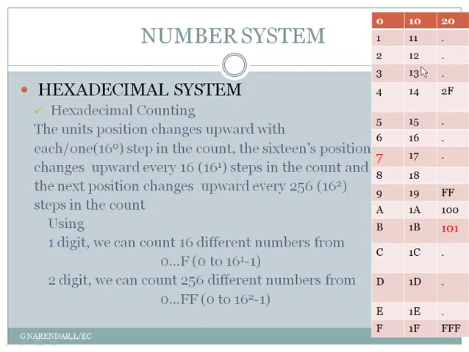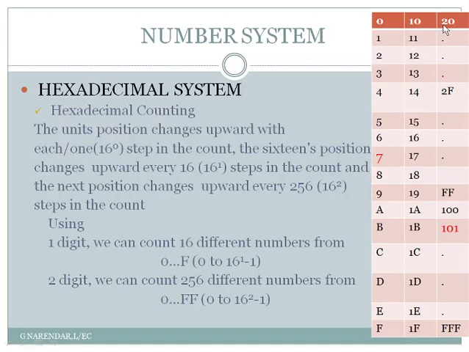So the units position changes upward with each count, and you can see that the 16s position changes upward after every 16 steps in the count. This one remains the same for 16 counts, and only after 16 counts does it change upward.